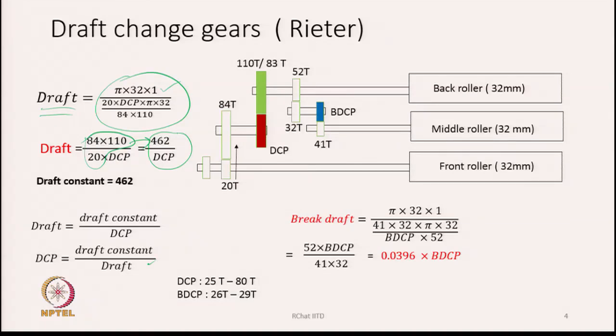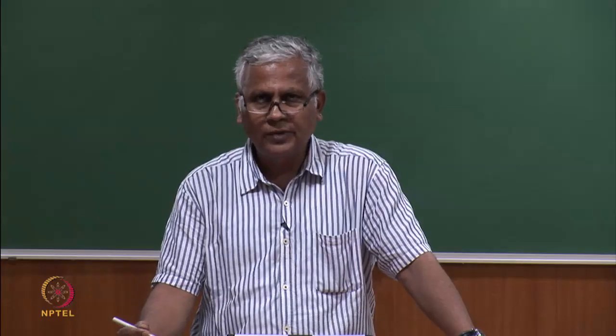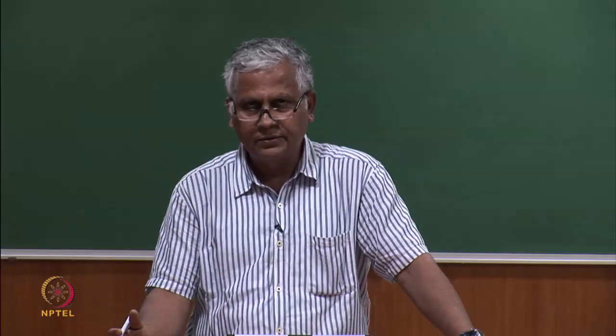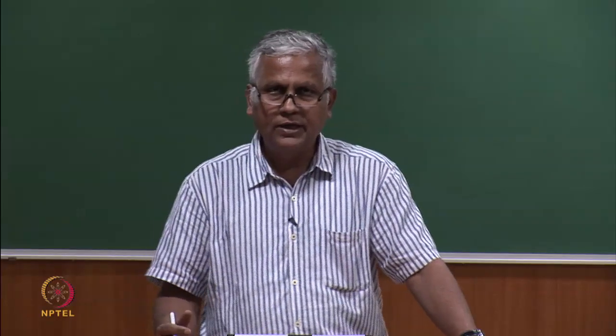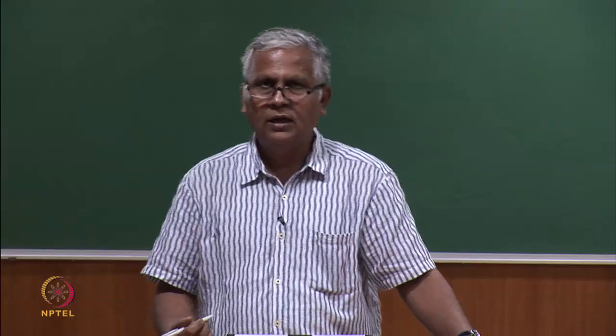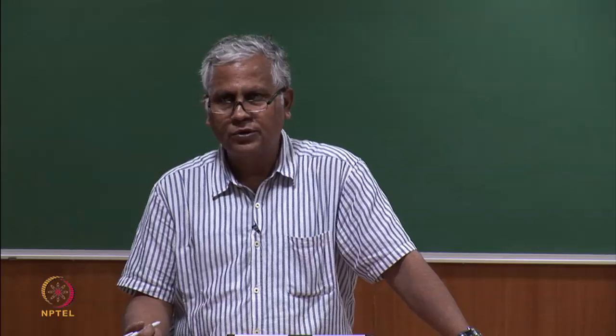Generally, in mill practice, we note down the draft constant, and it is always used to find out what should be the DCP for a given value of draft. How much draft I require, we can find out from the sliver count I am feeding and the roving count I have to produce.